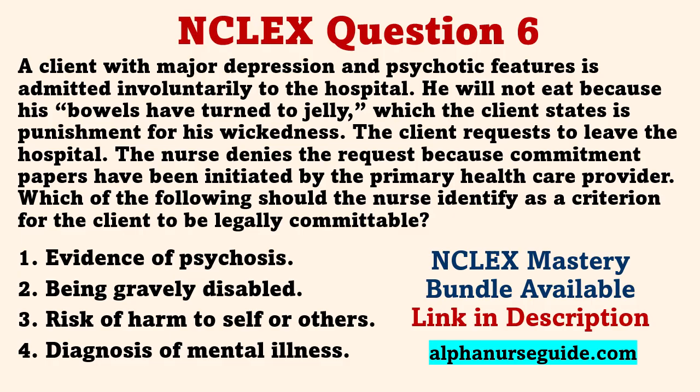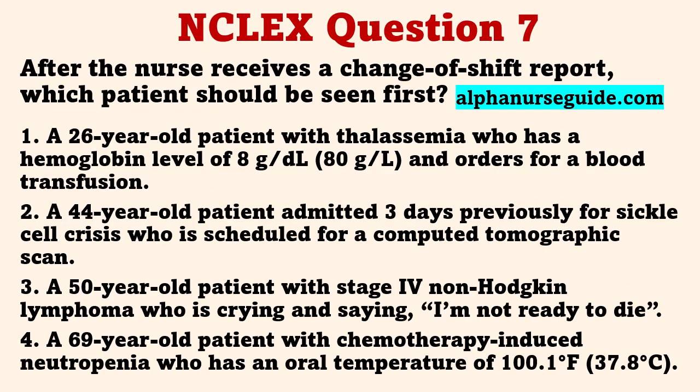After the nurse receives a change of shift report, which patient should be seen first? 1. A 26-year-old patient with thalassemia who has a hemoglobin level of 8 grams per deciliter and orders for a blood transfusion. 2. A 44-year-old patient admitted 3 days previously for sickle cell crisis who is scheduled for a computed tomographic scan. 3.